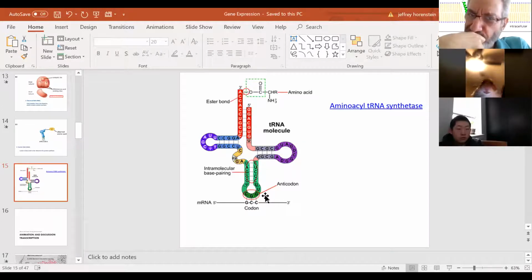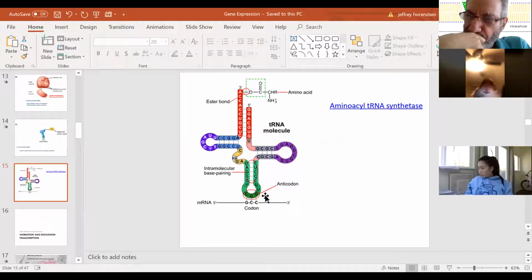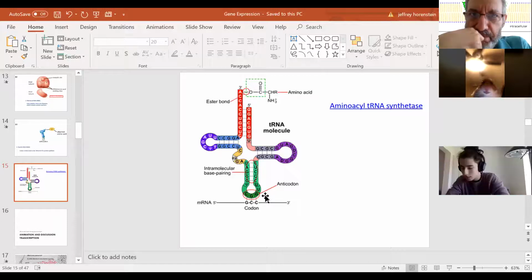Yeah, and also, the tRNA is just supposed to get the amino acid to the ribosome structure. So what's the purpose of the rest of the nucleotides in the tRNA?